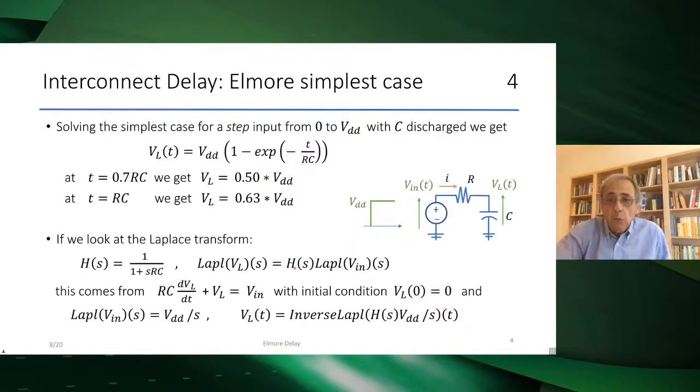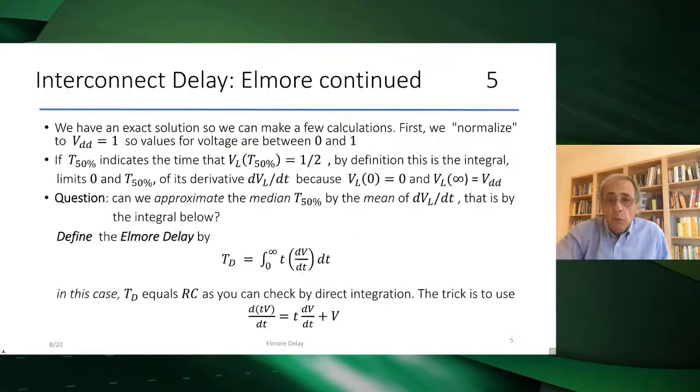You can take the Laplace transform, then the transfer function is 1 divided by 1 plus sRC. The Laplace of a step function is 1 over s times the voltage here, and so on. And one way to solve it would be to take the inverse transform of the transfer function times the input function. Whatever way you do it, you get that exponential.